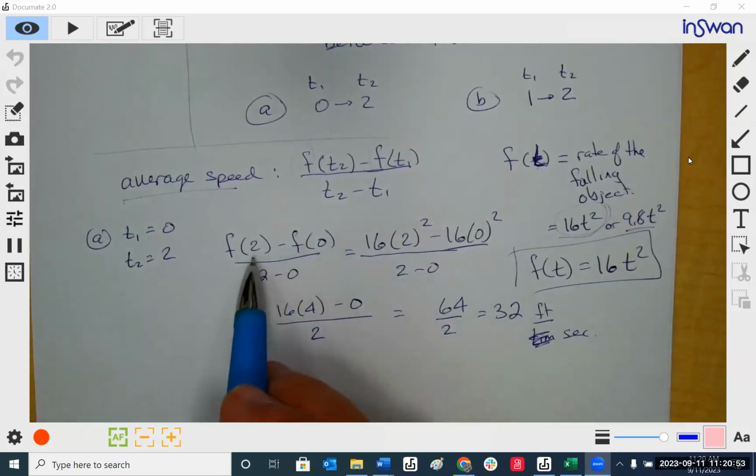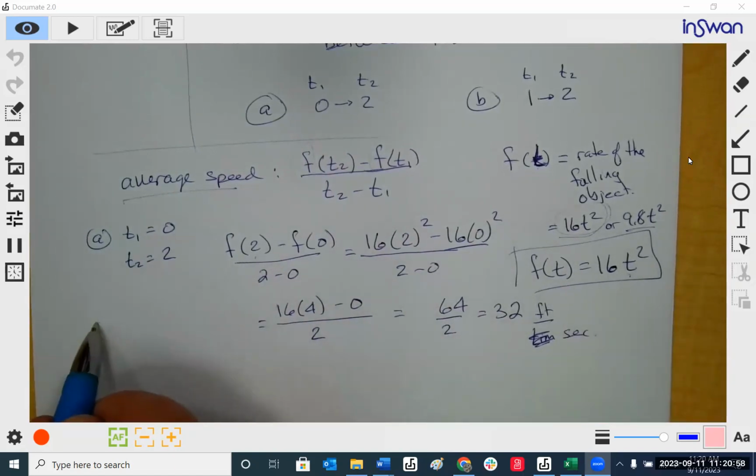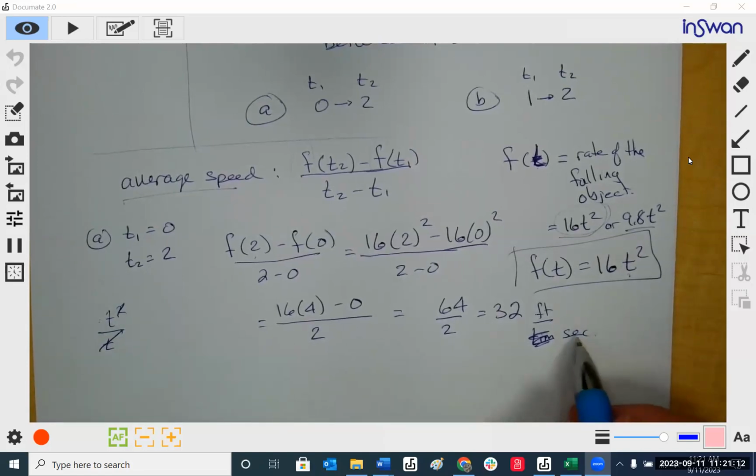Up top here, we have 16t squared is the unit. Down here, it's t. So we only have 1 second.